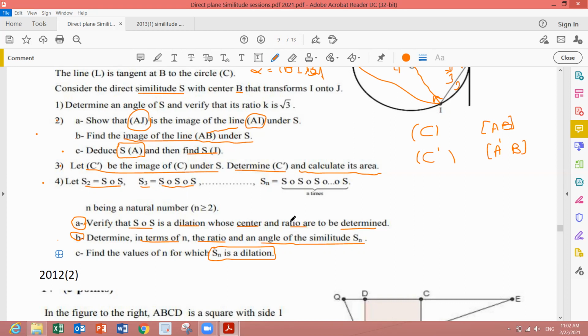When the angle is pi. If the angle is zero, we get a translation. So Sn is a dilation.